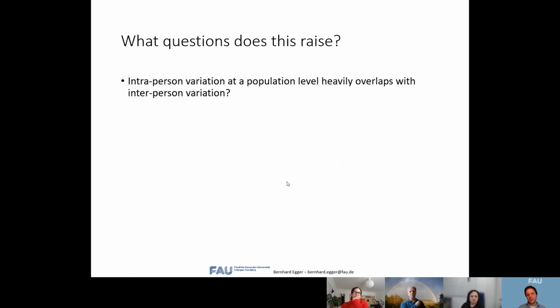But basically, if this observation that we have in the 3D morphable model space is correct, then that means that the intraperson variation at the population level overlaps with the interperson variation. So the intraperson variation is the expression variation, and the interperson variation is the identity variation, and they might just heavily overlap on a population level. And that might make it very hard to then try to perceive faces.